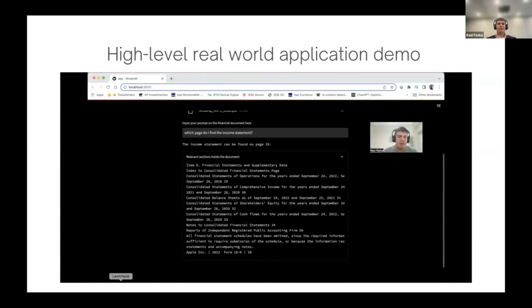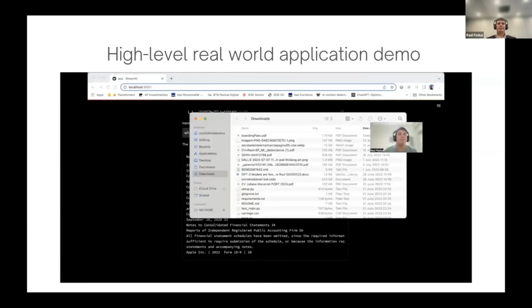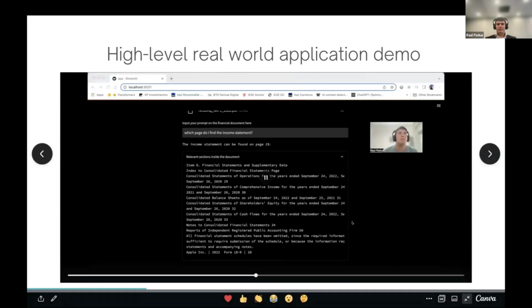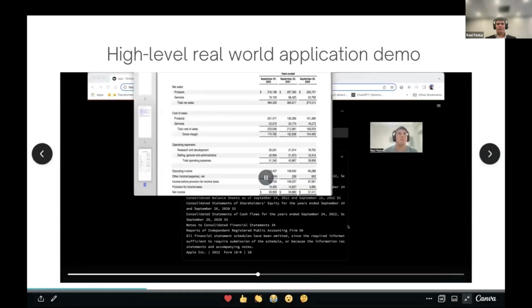Let's quickly cross-check this by opening the document.